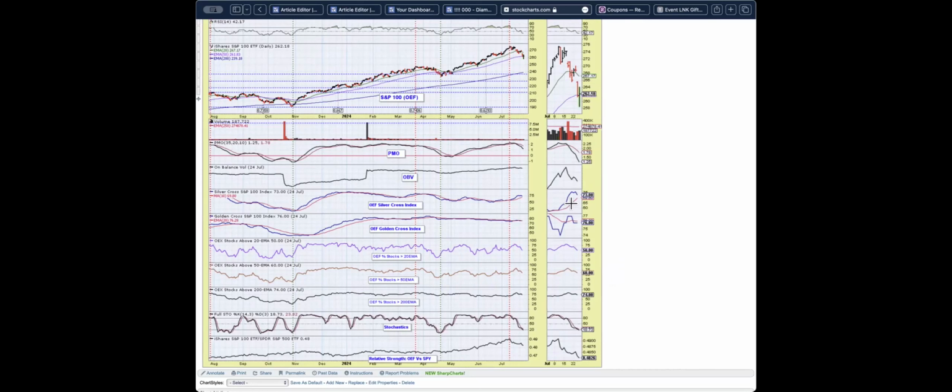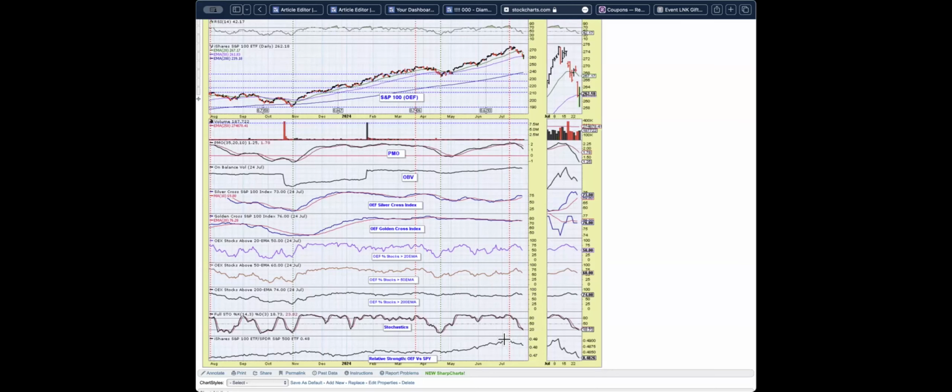But we do see the Silver Cross is in decline, and these percentages are well below the Silver Cross Index, which means the Silver Cross Index is going to continue lower. We'll probably see it move below its signal line, and that will give us a bearish bias. But currently, the S&P 100 does hold a bullish bias.